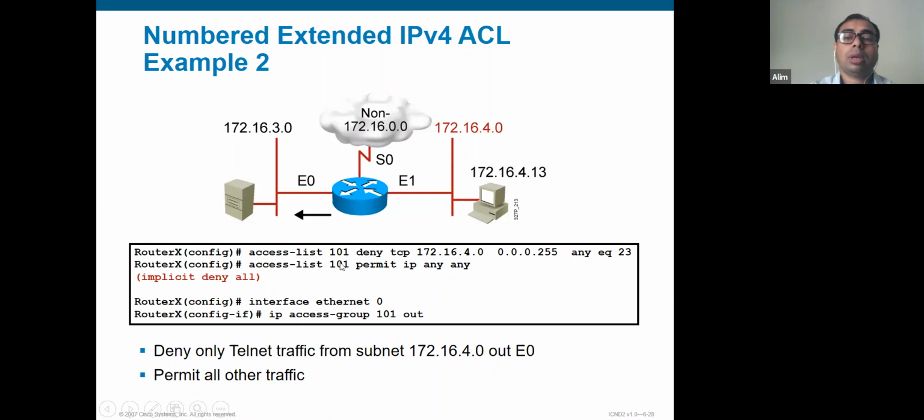So what is our aim in this statement? We want to deny Telnet. In last sessions we discussed that Telnet is not secure, so sometimes we will not allow it. Imagine we will not allow Telnet. Telnet's port is 23.